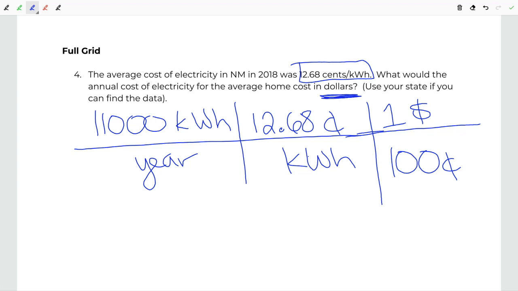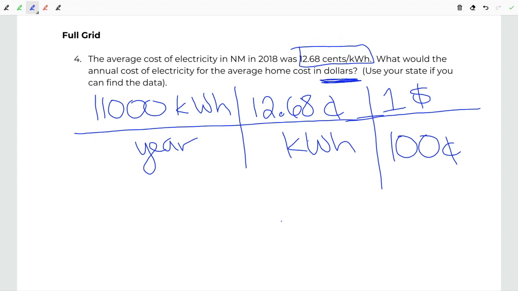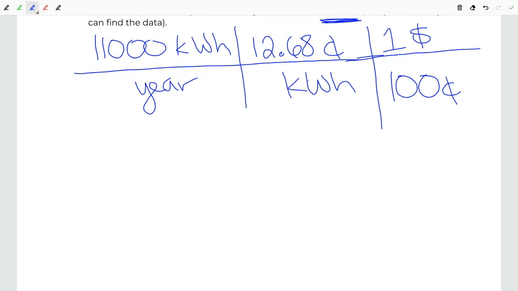Okay, so we're going to multiply across the top, and we're going to multiply across the bottom, which is just 100, and we end up with $1,400 when we account for significant figures.